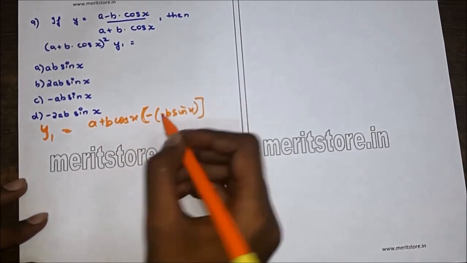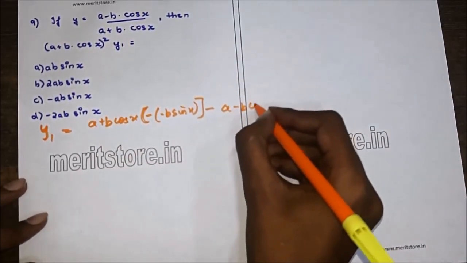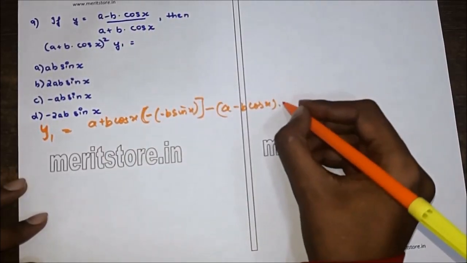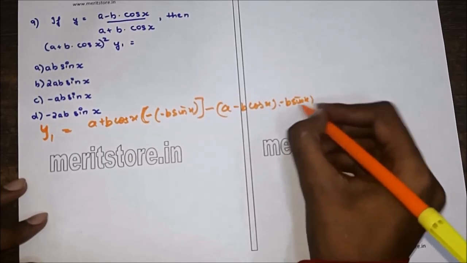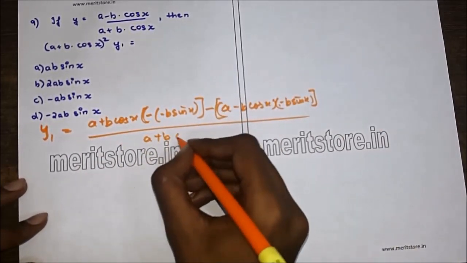So this is v into derivative of u minus u into derivative of v, that is a minus b cos x, into derivative of this term is minus b sin x upon v square, that is a plus b cos x the whole square.